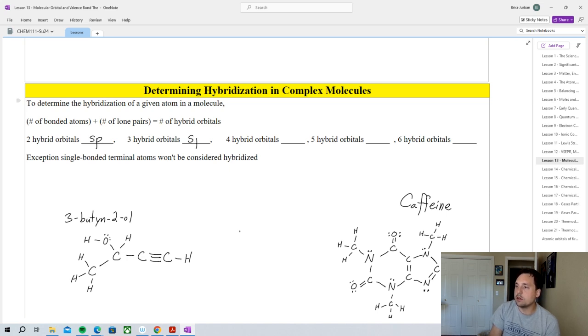If we have 3 hybrid orbitals, we need sp2. For 4 hybrid orbitals, it's sp3. And I'll talk about this in a minute, but if you need 5 or 6 orbitals, you can make use of the d orbitals, and that would be sp3d and sp3d2.